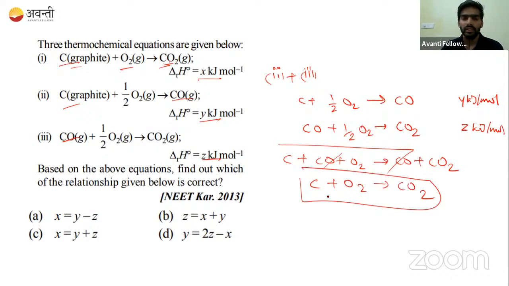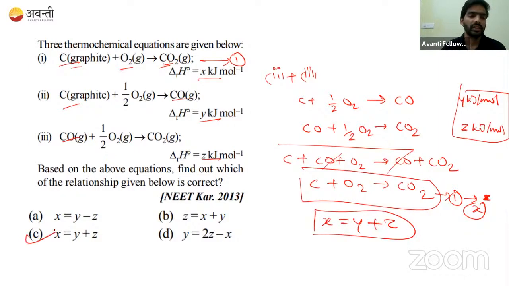And if you see, this reaction is nothing but the first reaction. For this, the enthalpy given is how much? X. So how are we getting this? By adding y and z. So x is nothing but y plus z. So our correct option is option C. Right? Is it an easy question?